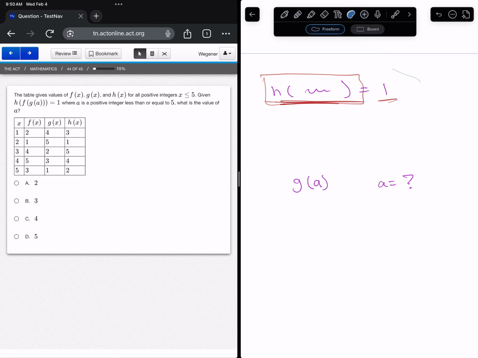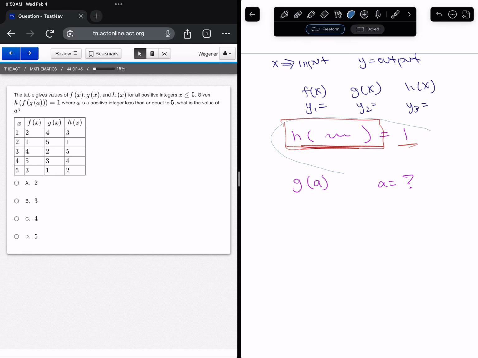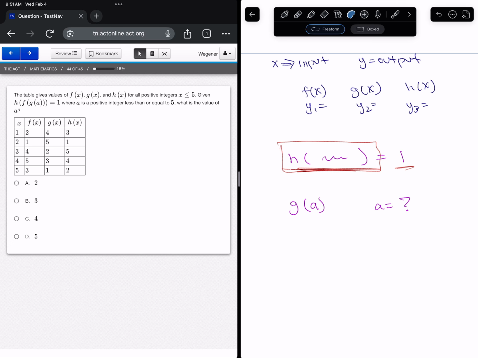But before I do that, realize that x is the input, what we put in, while y is the output. f of x is just a fancy way of saying the first output, g of x is the second, and h of x is my third output. Each one is given a different letter so we don't confuse all the y's.